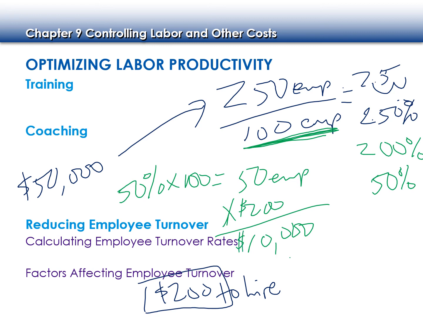So by decreasing our turnover rate, we could take that $10,000 and maybe reinvest it into employee appreciation programs to make sure that our employees stay with the restaurant or the hotel instead of choosing to leave.